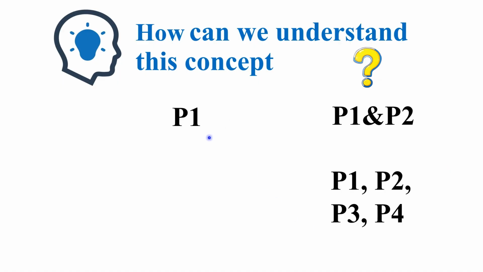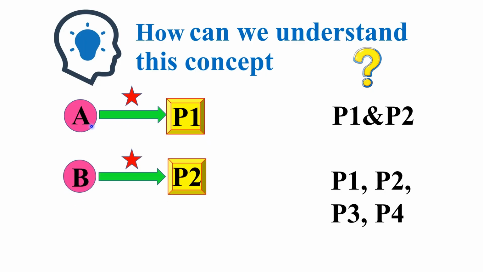Now you can understand from this concept. Take reactant A and reactant B. Reactant A gives the product P1, and reactant B gives the product P2 in the presence of any acid, base or catalyst.